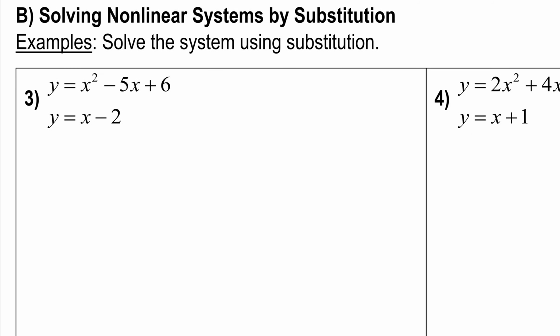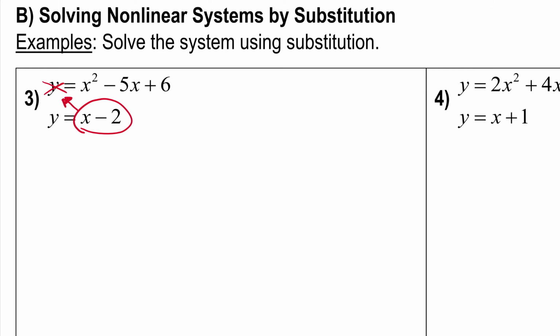Alright, the next one, solving nonlinear systems by substitution. If you notice, on both of these, they say y equals. So I'm going to take this second one right here and replace it for this y on the first one.